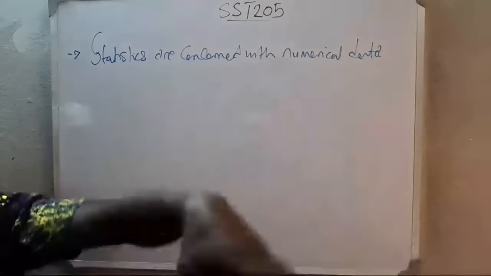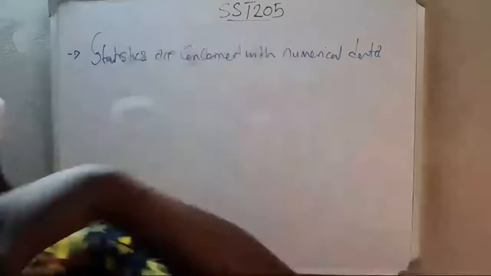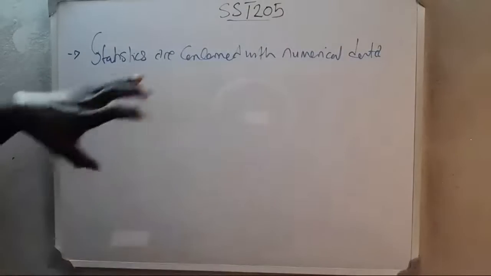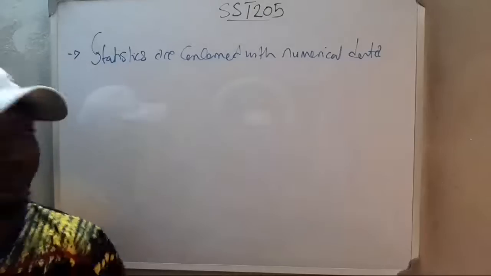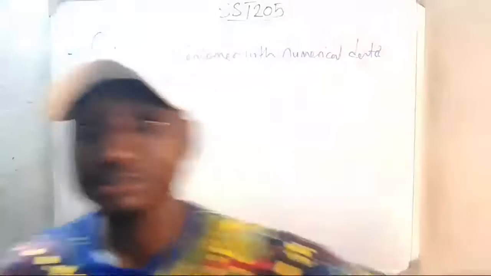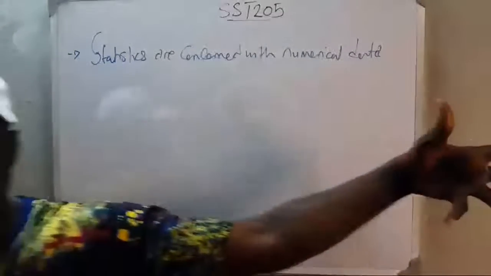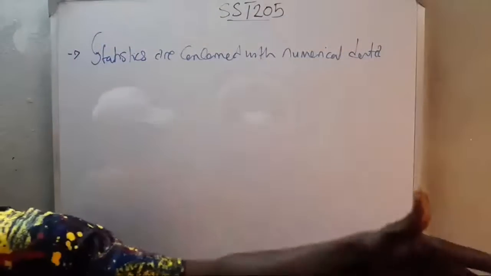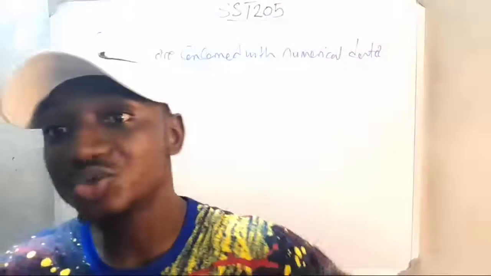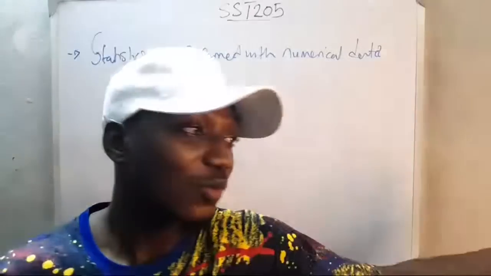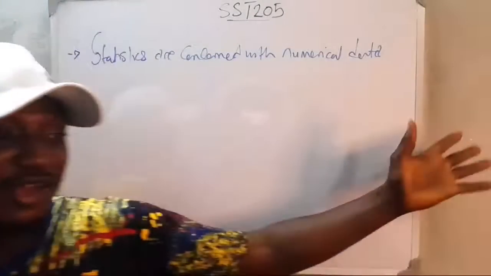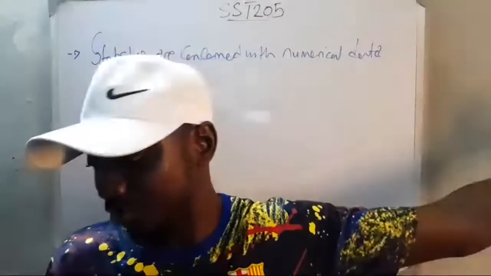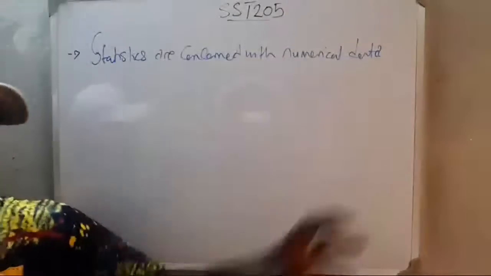So let's put into consideration that you are doing research on the nutritional well-being of pupils, using a sample from the GSS1 junior secondary class, maybe GSS1B. A junior secondary class can have GSS1 A to Q. When I was in secondary school, I think it was from A to D or so, different sets.